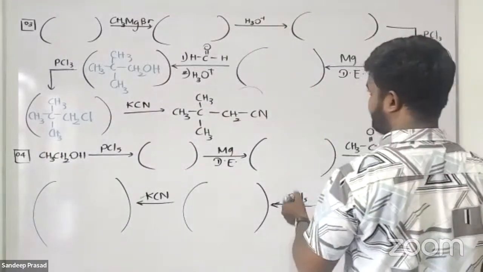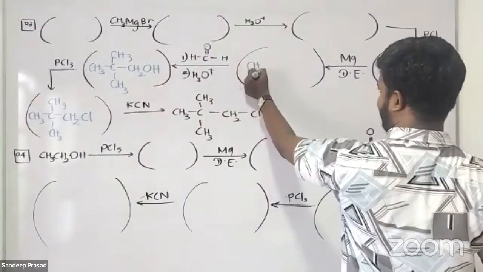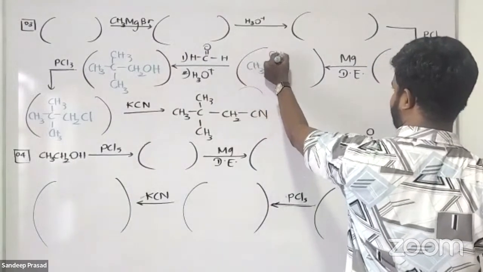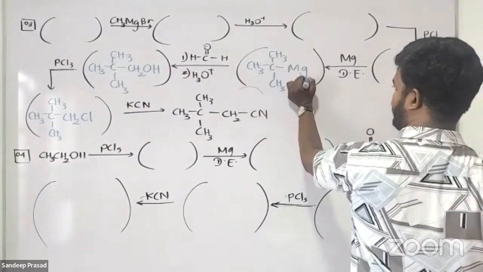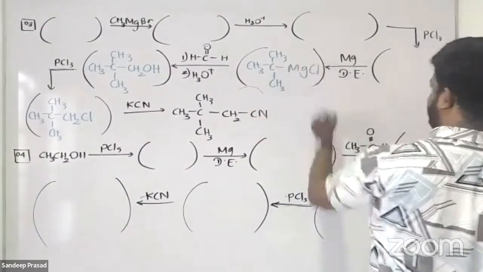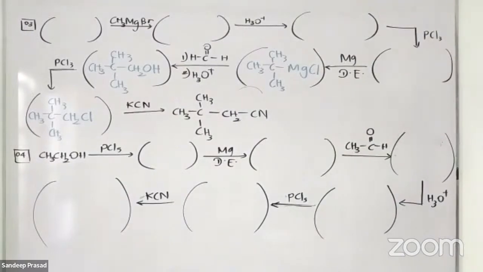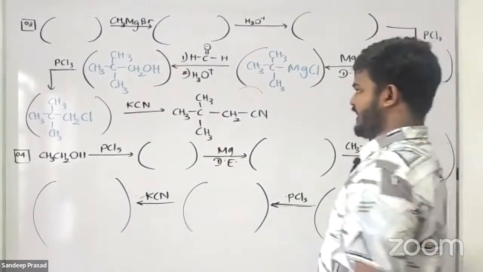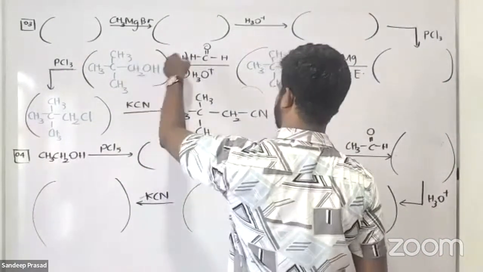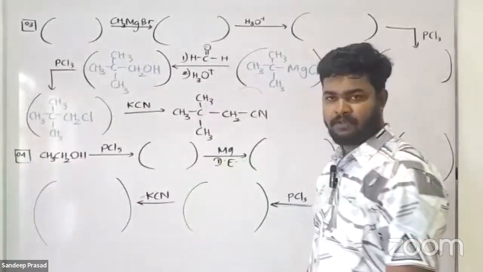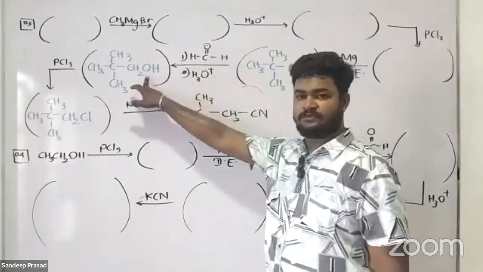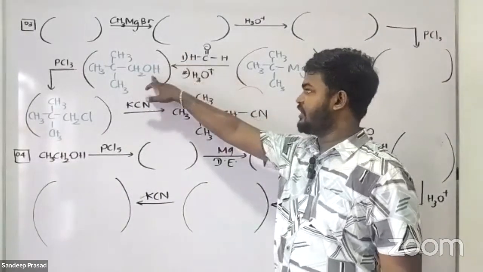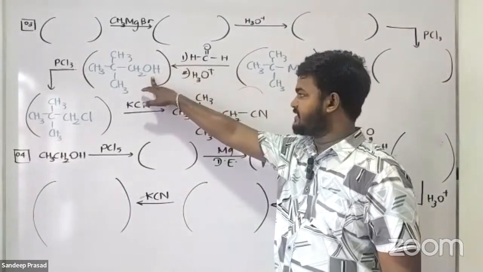And here we have the Grignard reagent, CH3MgCl, right? That's how this CH2OH group is framed, because we have added methanal here. One carbon atom has increased. So methanol is formed.